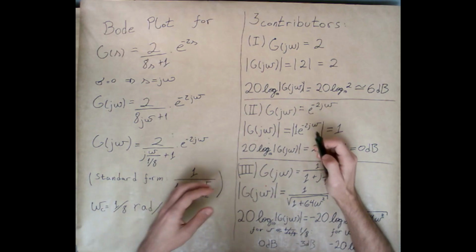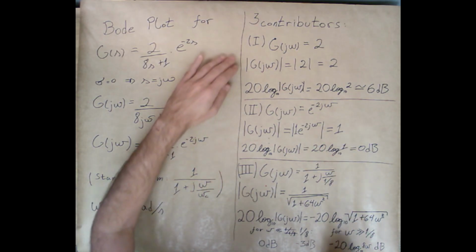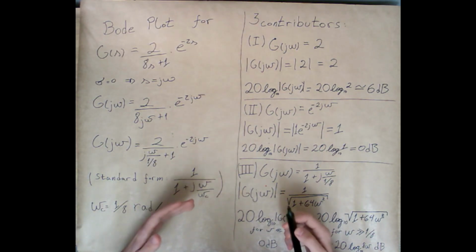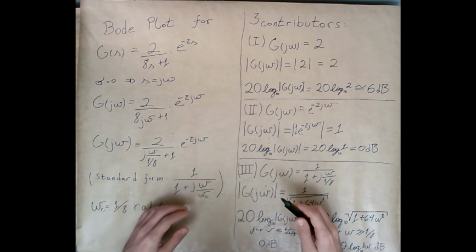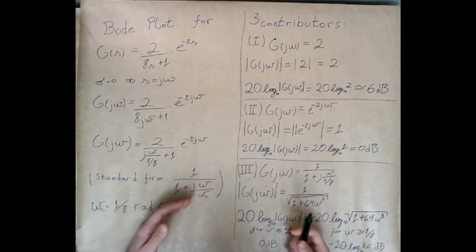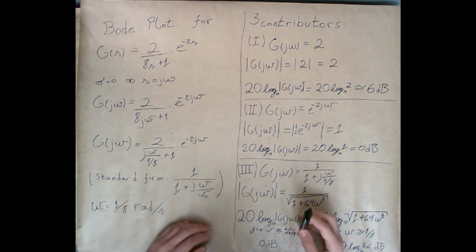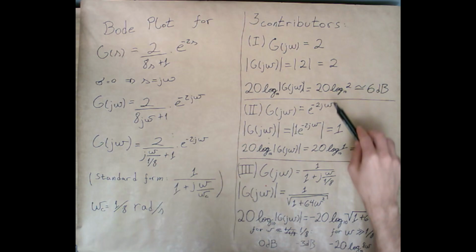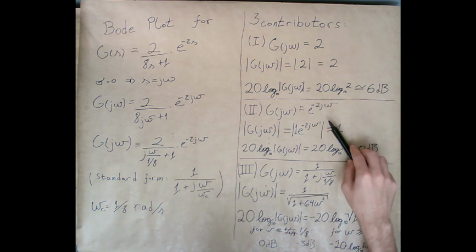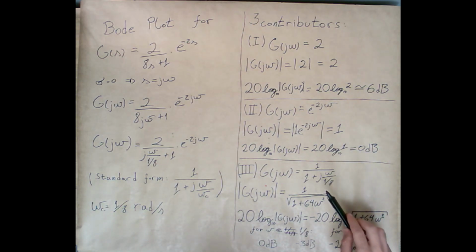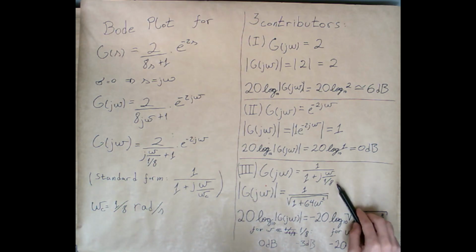In order to do so, we need to evaluate the contribution of each one of the three terms of the function to the magnitude of the output of the system. Our three contributors are the scalar 2, the exponential of -2jω, and this single real pole located at -1/8.